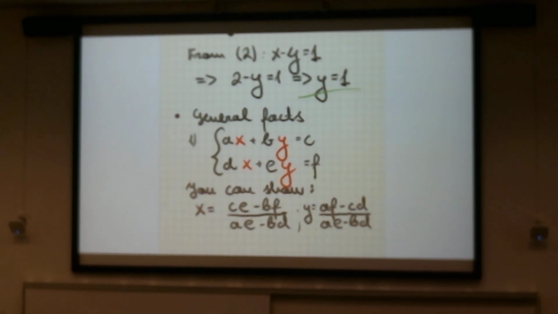So maybe we can say something about the coefficients that ensure there is no solution. Exactly, it's just that. If the denominator is 0, so a times e minus b times d is equal to 0, then we know there is no solution.